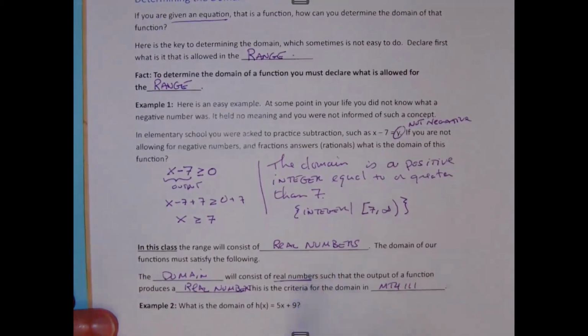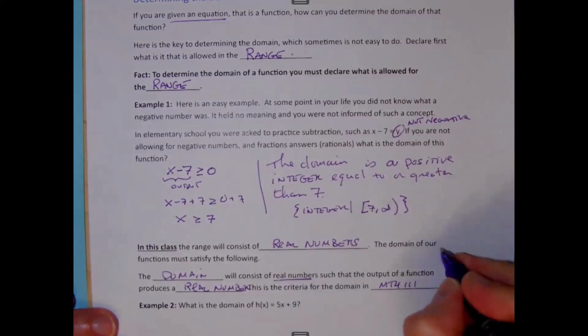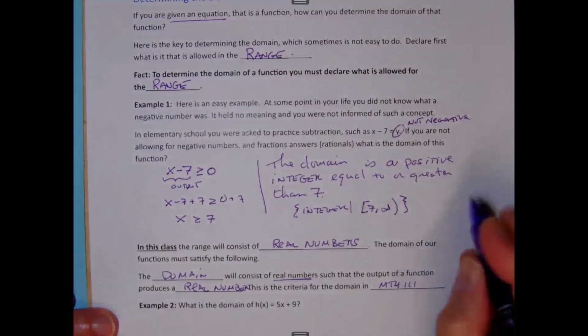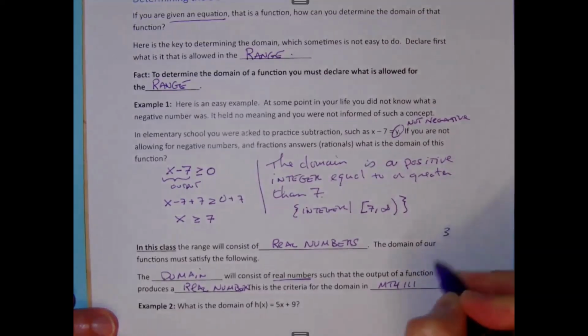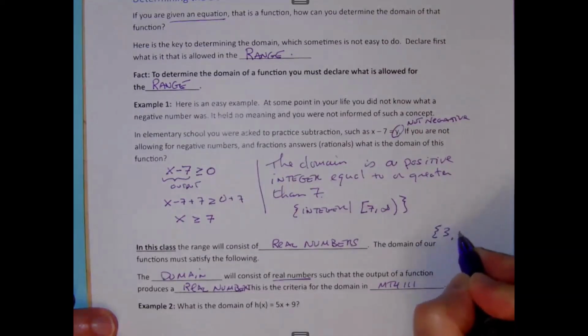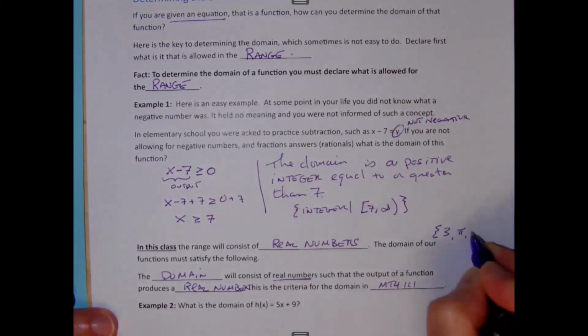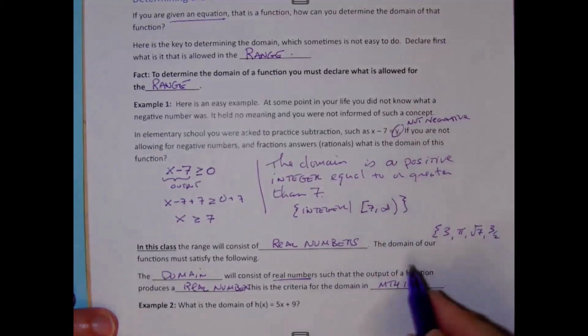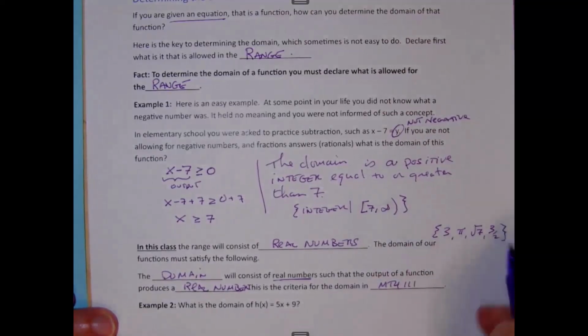What is a real number, by the way? I think just about anything you can think of is a real number, with the exception of one item. So for example, 3 is a real number. Pi is a real number. Square root 7 is a real number. 3/2 is a real number. Basically our entire number line consists of real numbers.